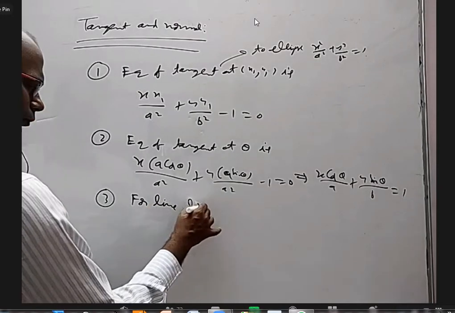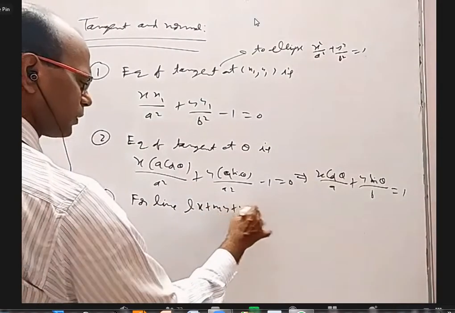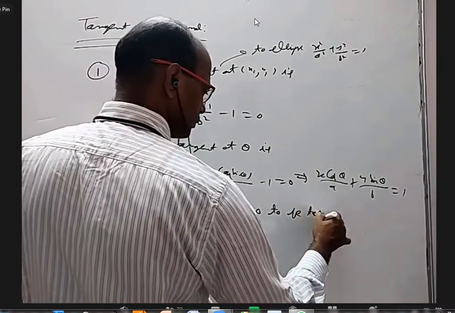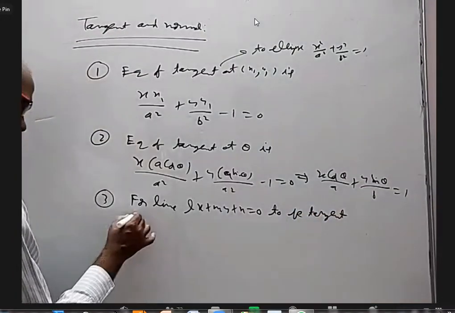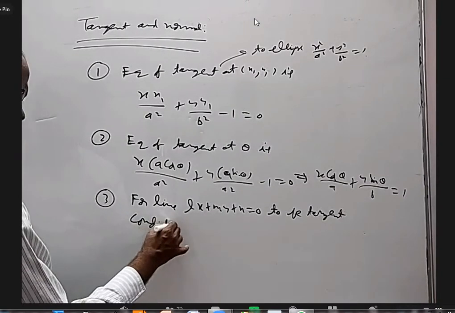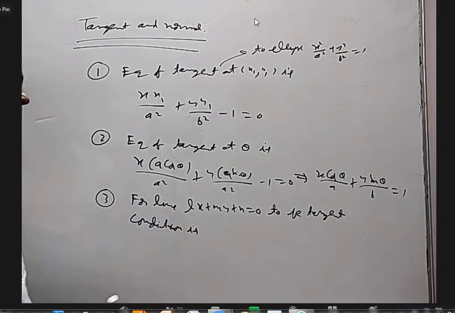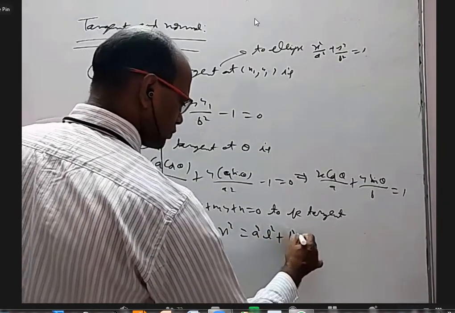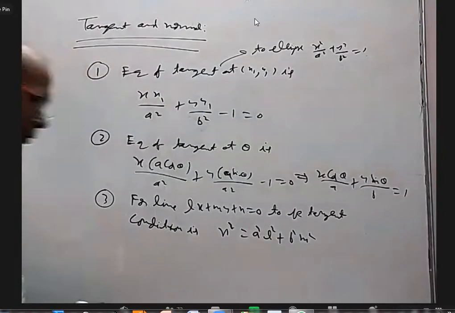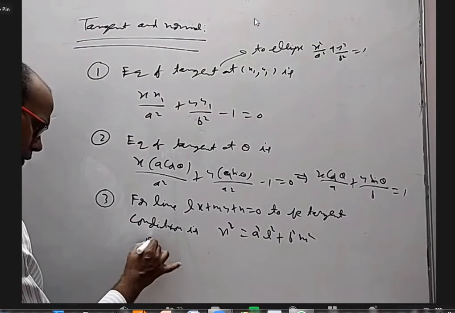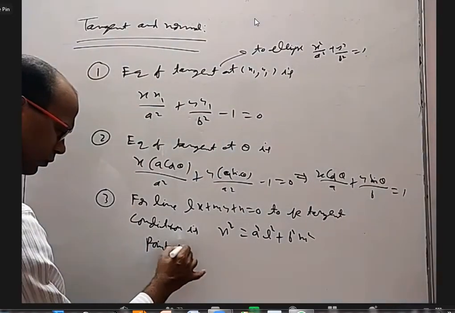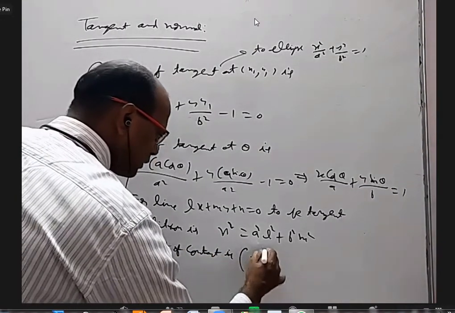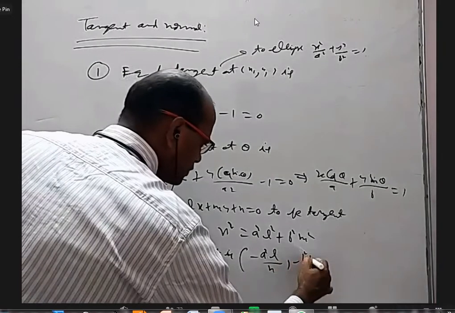For the line Lx plus my plus n equal to 0 to be tangent, the condition is n square equal to a square l square plus b square m square. Point of contact is minus a square l by n, minus b square m by n.